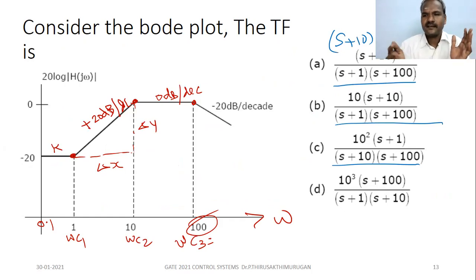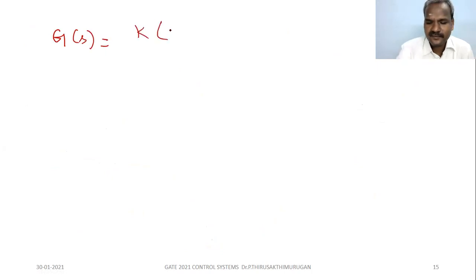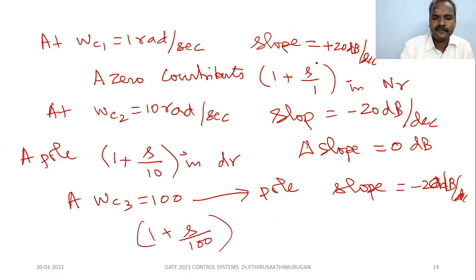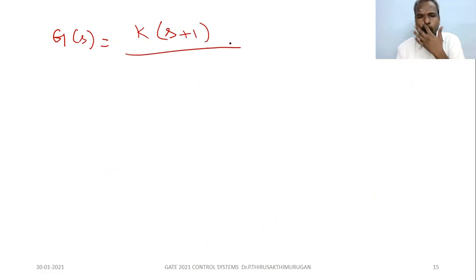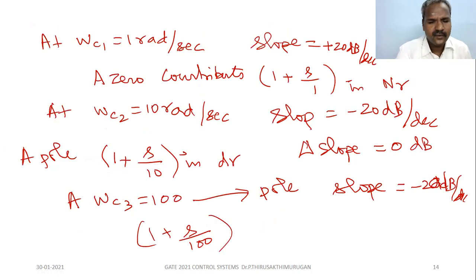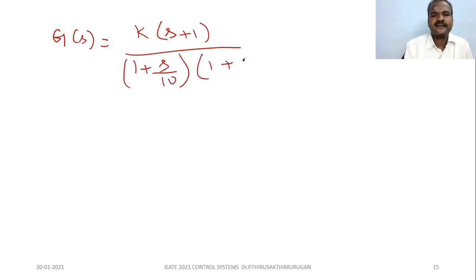These 3 corner frequencies contribute to the transfer function. So there is a k, a constant. Then omega C1, 3 factors: 1 factor in the numerator and 2 factors in the denominator. So G of s may be k into 1 plus s in the numerator. The denominator has 2 factors: 1 plus s by 10 and 1 plus s by 100.